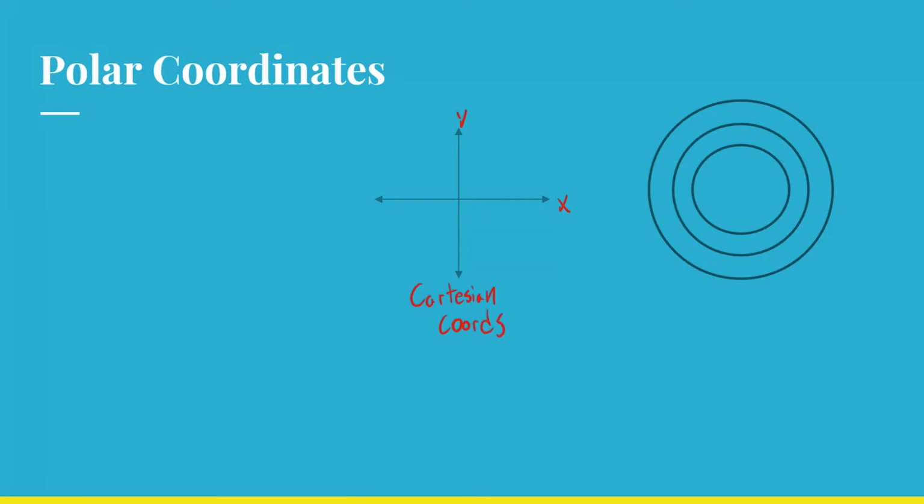If we labeled these 1, 2, 3, 1, 2, 3, and we had a spot right here, we could identify this spot using parentheses, and we say it's 2 over in x, and it's 3 up in y.